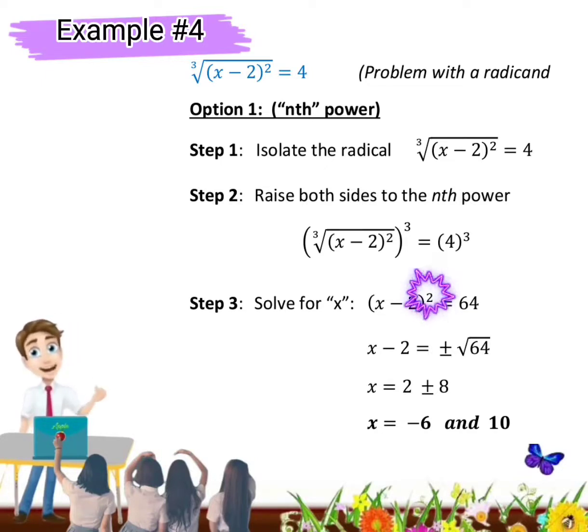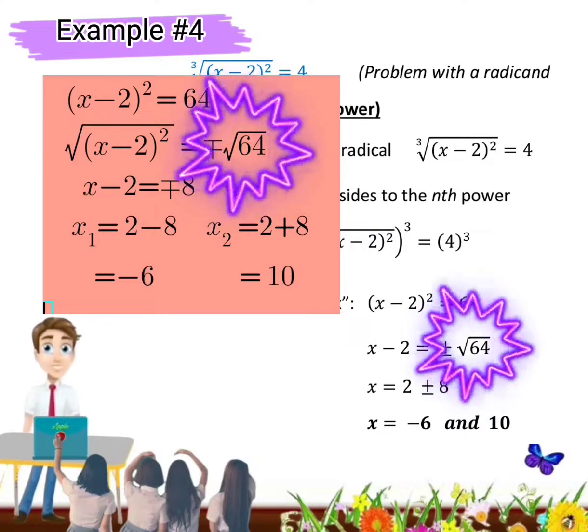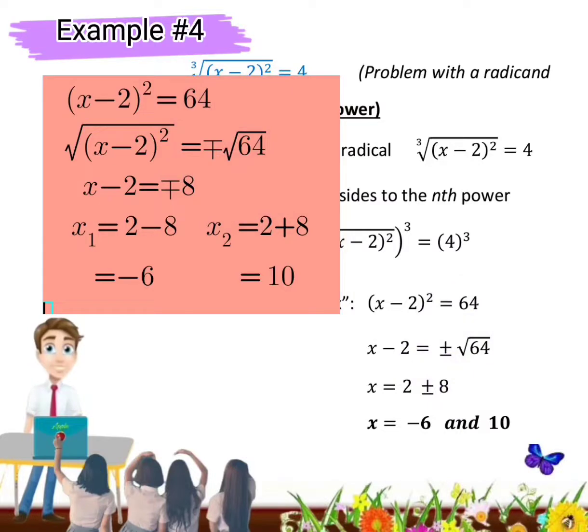And then to remove the square in the left side, we are going to extract the square root on both sides so that we can remove the exponent as well. And then getting also the square root of the right side, which is 64, we have the positive and negative square root of 64, and it is equal to positive or negative 8.